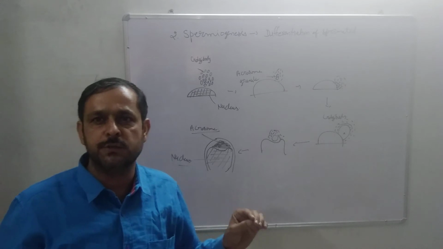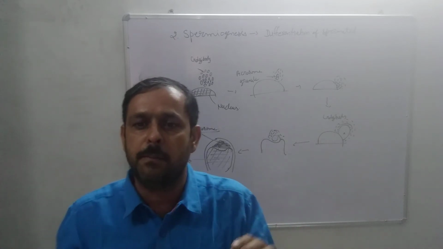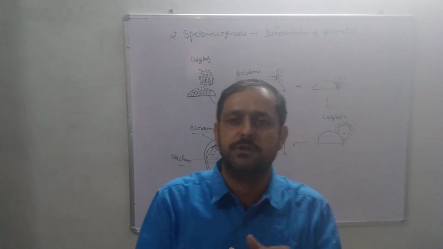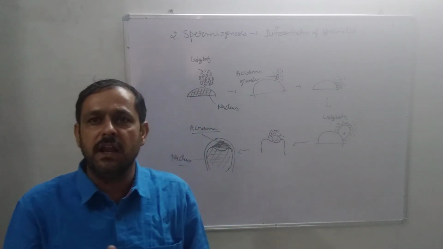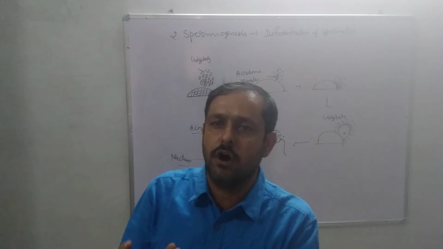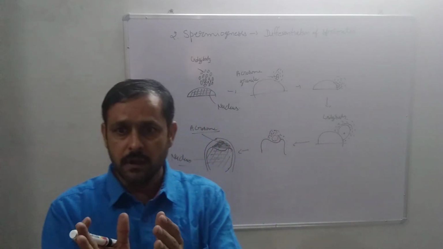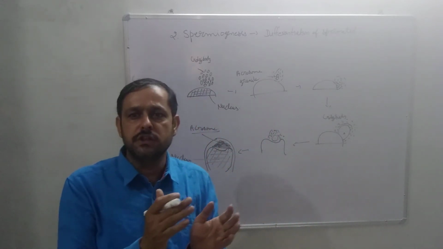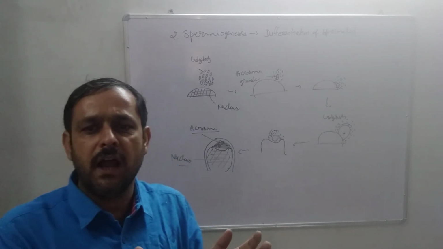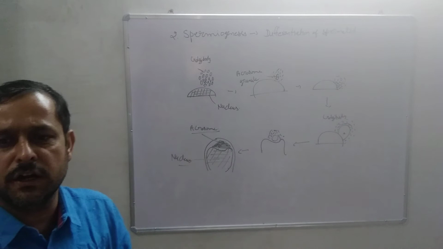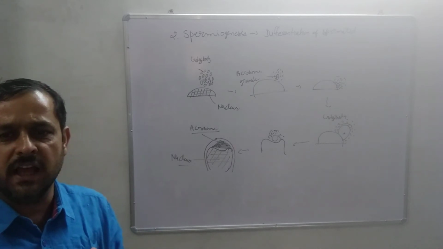In this process, the spherical non-motile haploid spermatid developed from spermatocyte is converted into a thread-like motile haploid sperm. The nucleus of the spermatid forms the head, the Golgi body forms the acrosome, mitochondria form the middle piece, and the distal centrosome forms the tail.